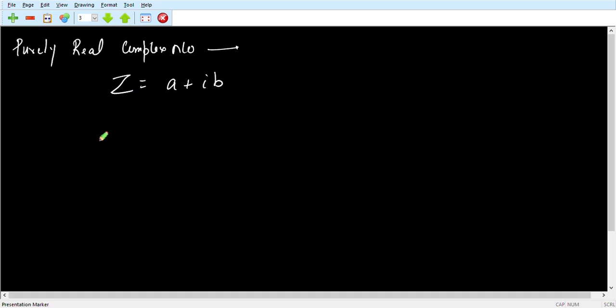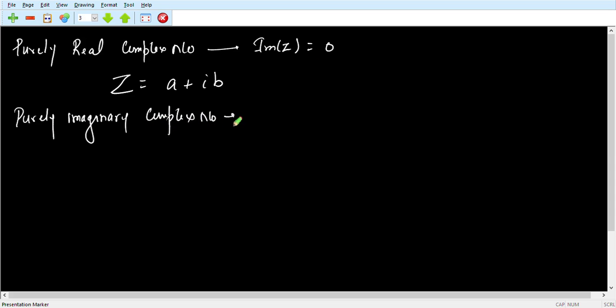If I want to write a purely real complex number, the imaginary part will be 0. So for a purely real number, the imaginary part of z will be 0, and for a purely imaginary complex number, the real part of z will be 0.